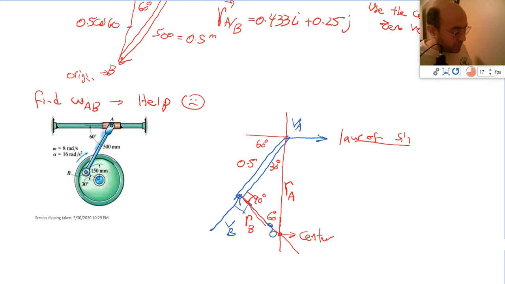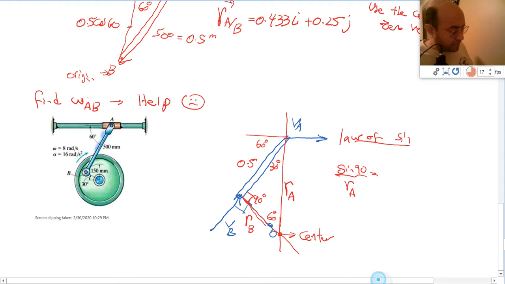Because I know one side of it, let's just write this law of sine. Law of sine is saying that R is going to go with the angle, and so RA is across from sine 90. So I can say sine 90 over RA is equal to sine 30 over RB is equal to, lastly, the 60, right?